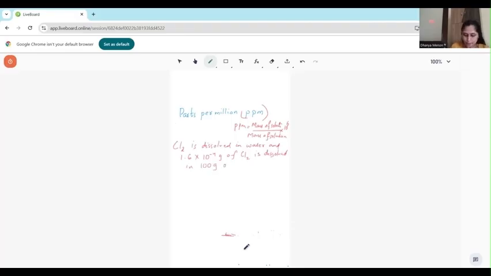You have to find the ppm, right? So it's a direct application of the formula.